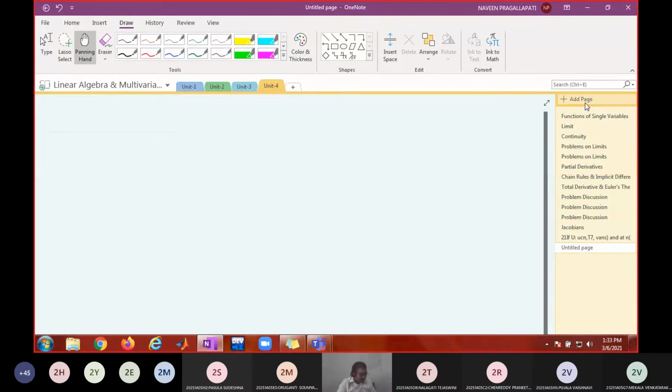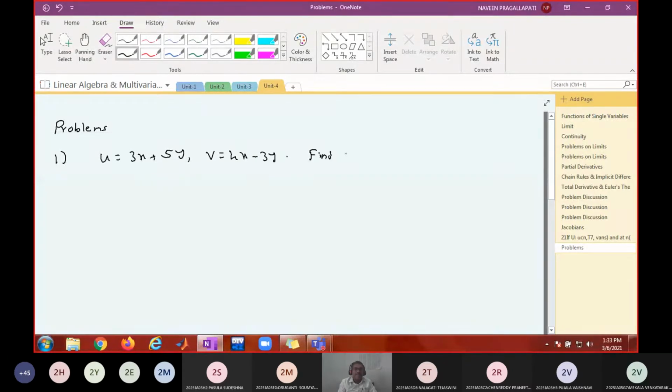Take the first problem. Find the Jacobian of u equal to 3x plus 5y, v equal to 4x minus 3y. Find J. So how do you find the Jacobian?